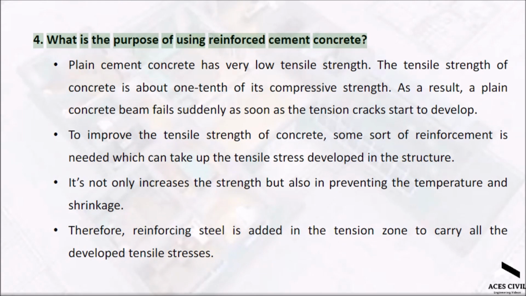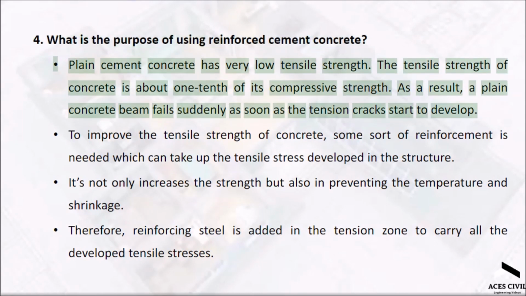4. What is the purpose of using reinforced cement concrete? Plain cement concrete has very low tensile strength. The tensile strength of concrete is about 1/10 of its compressive strength. As a result, a plain concrete beam fails suddenly as soon as the tension cracks start to develop.